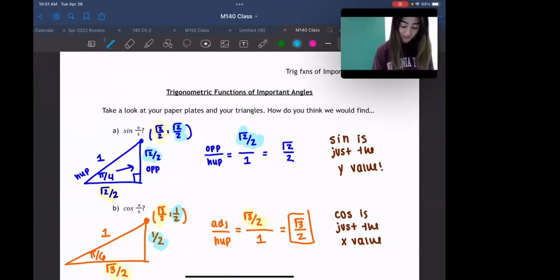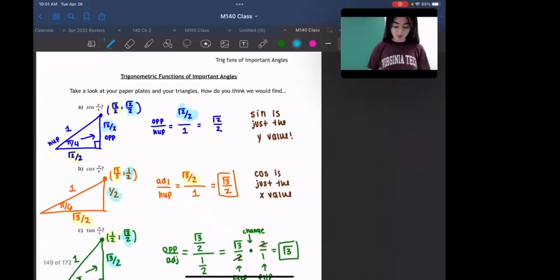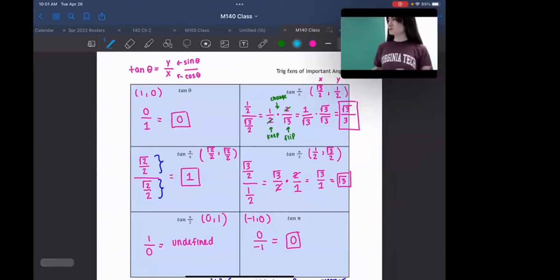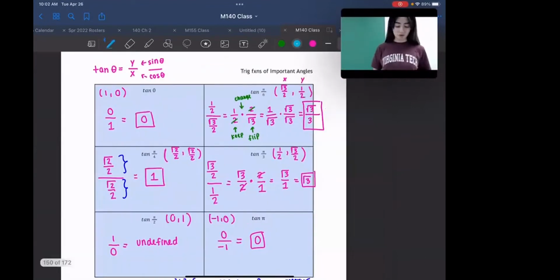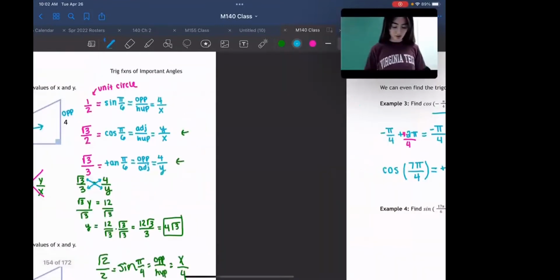All right. So last class, we were continuing the trig functions of important angles: sine, cosine, tangent, even the weird ones like cosecant, secant, and cotangent. We were able to find any angle on the unit circle and take the sine, cosine, or tangent of those angles.